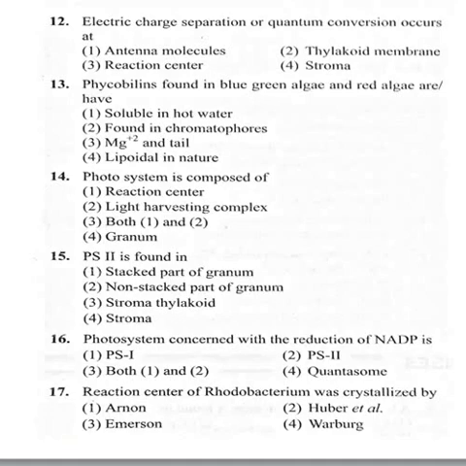Phycobilins are usually soluble in hot water. They do not contain magnesium and tail. Light is not essential for their synthesis. These pigments are accessory pigments and also help in chromatic adaptation. So phycobilins soluble in hot water is the right answer because they do not contain magnesium and tail.